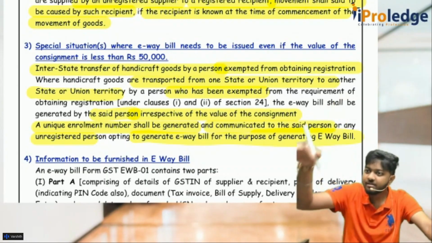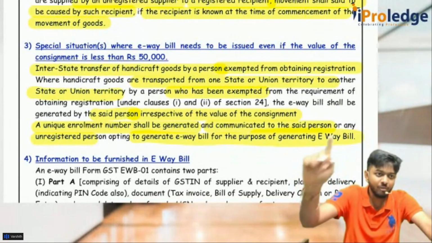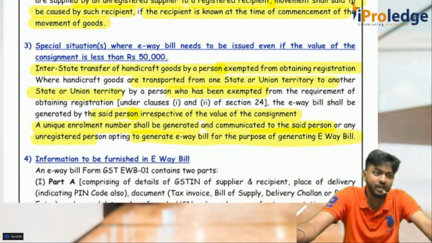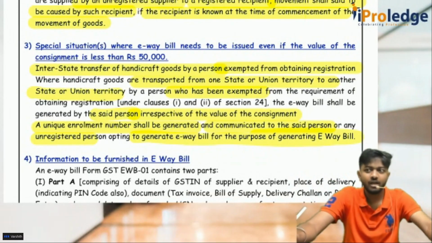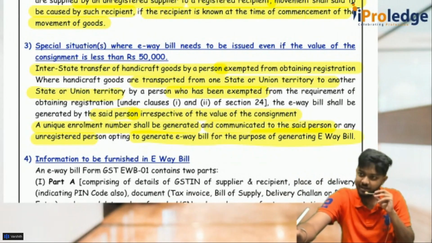So how much goods he has made, how much movement has happened. To track him, I'll give one unique enrollment number under GST. Okay, it is not a GST registration. Where else have we read this unique enrollment number? In compulsory registration under ECO, we have read this.